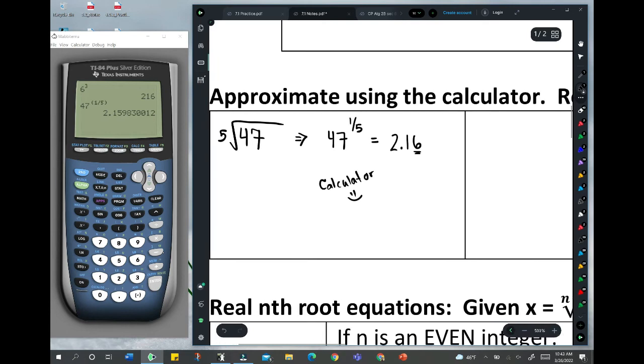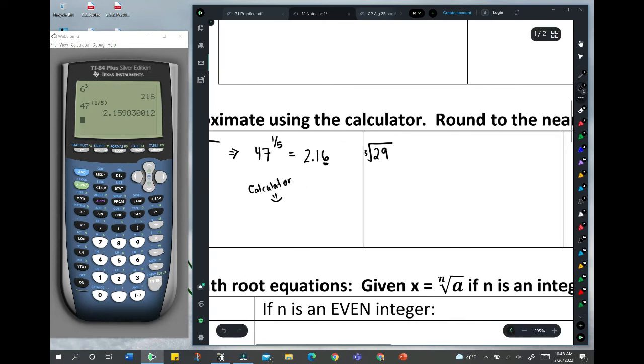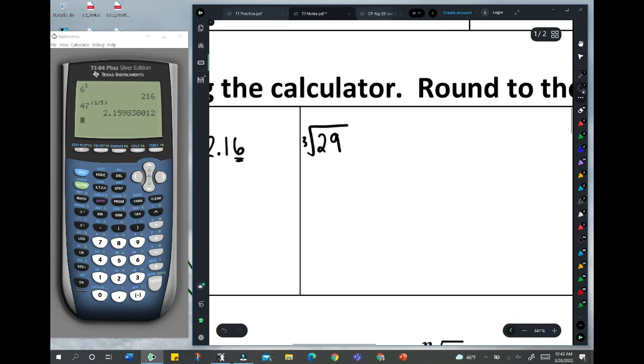Another way to do this, okay, let's say we have 29, and we want to take the cubic root of it. There's also a way in your calculator to take non-square roots.